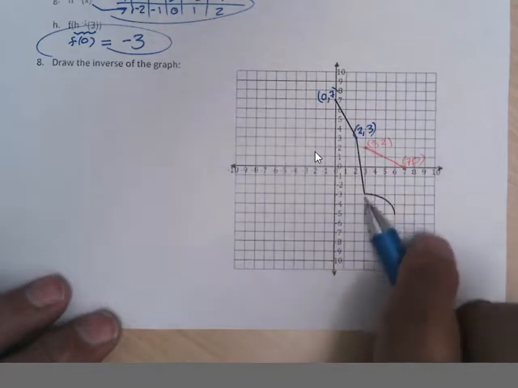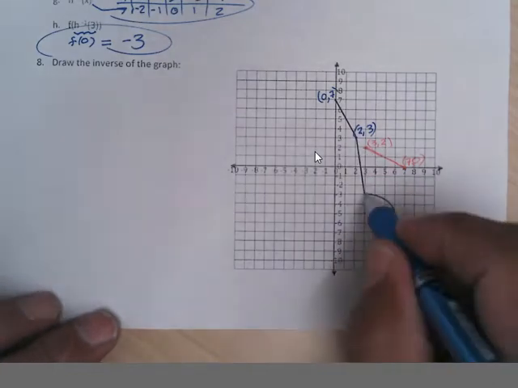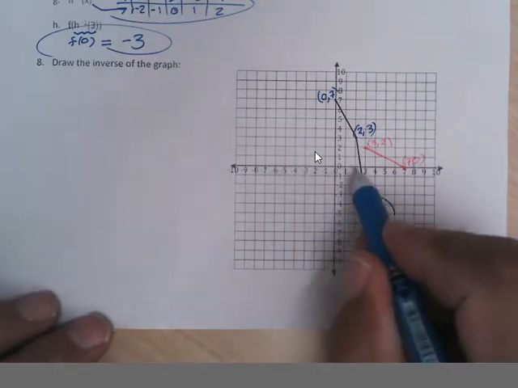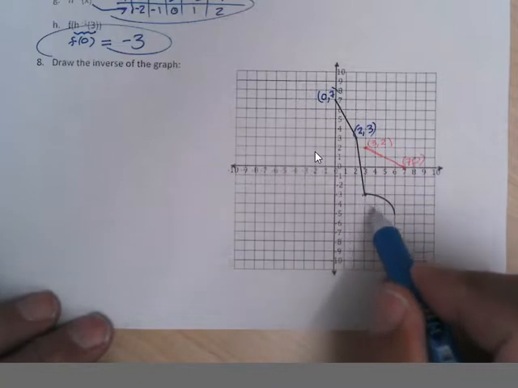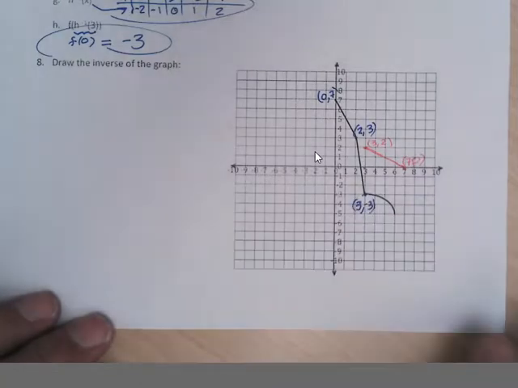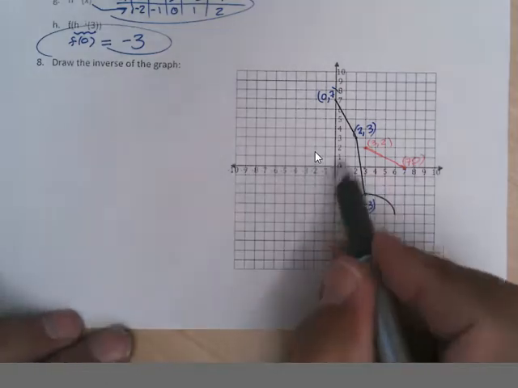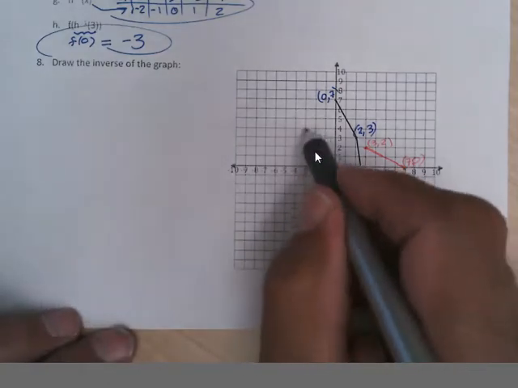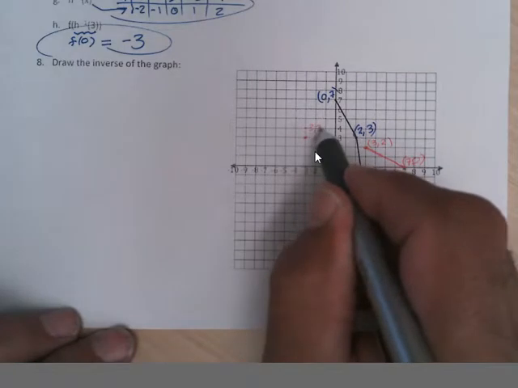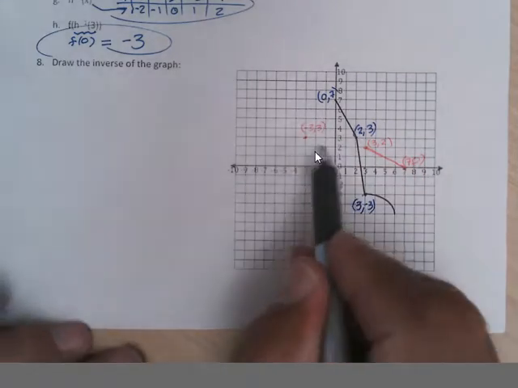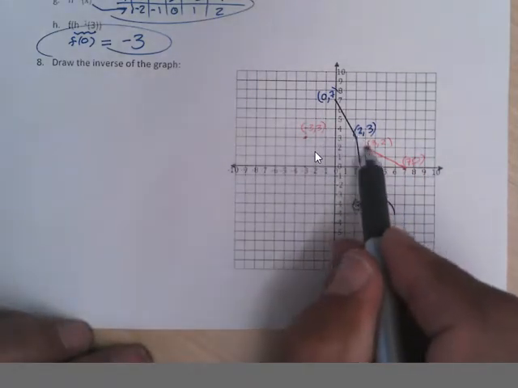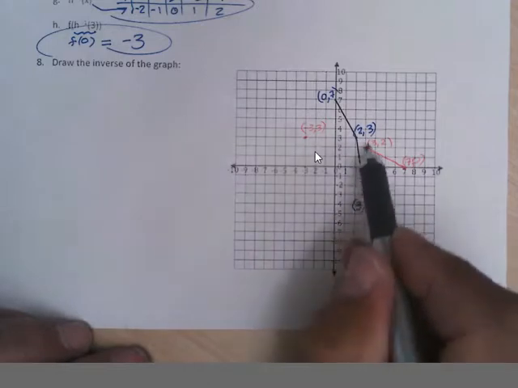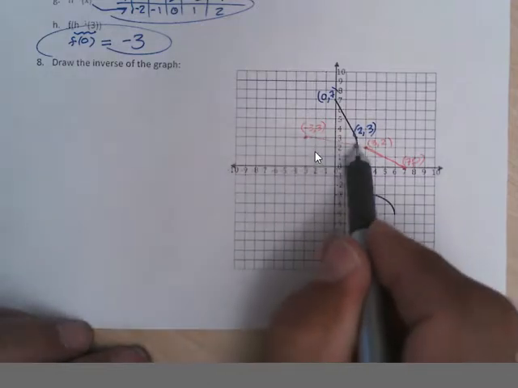Between that point and that point's a straight line, and this point is 3, negative 3. So its inverse is negative 3, 3. And that's a straight line from here to here, so it's from here to there.